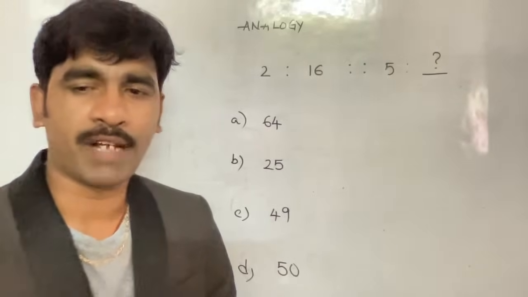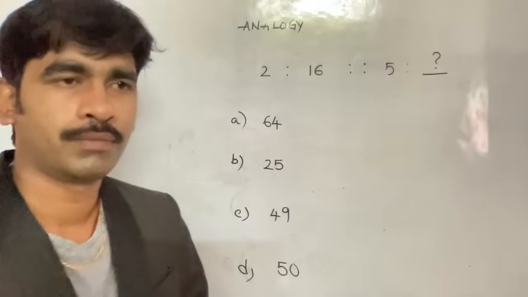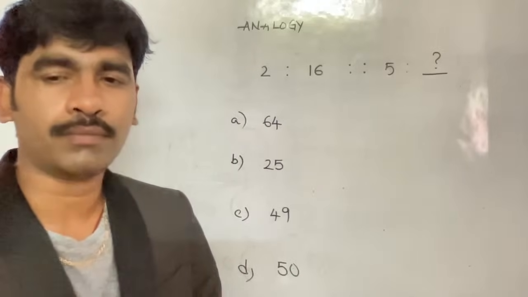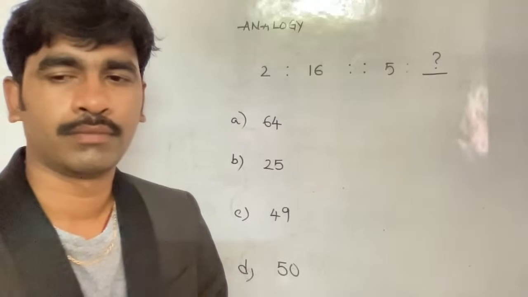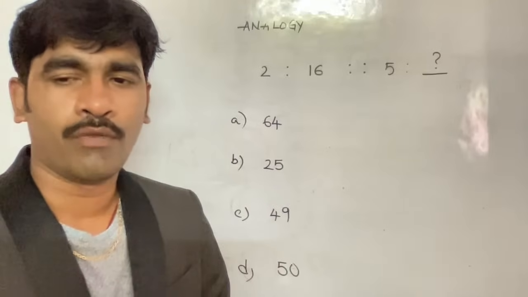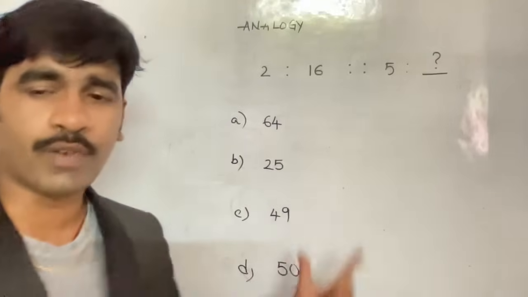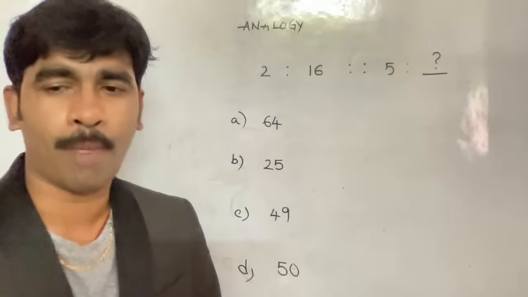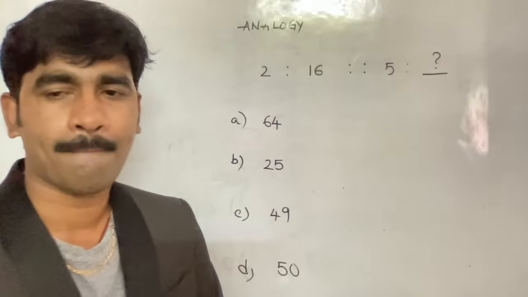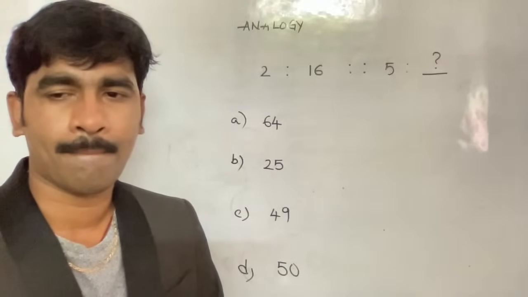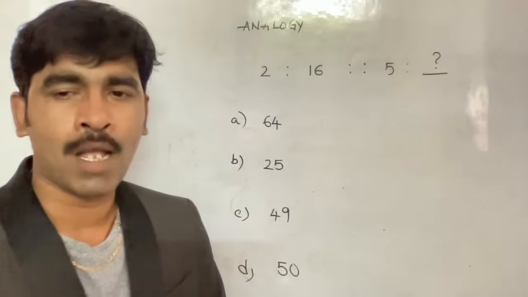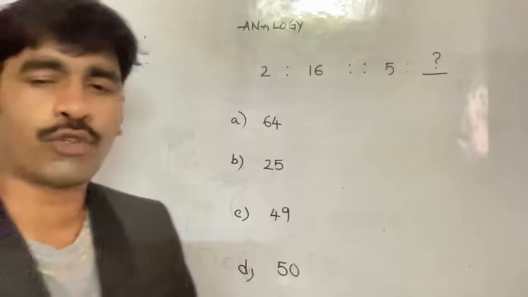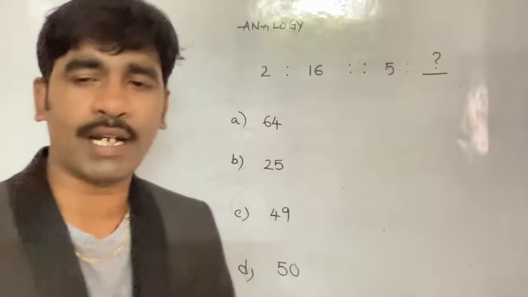Shivani is saying 25. Vyoma Daily is saying 625. 625 is not available in the options. Shruti, very good. Shruti Dara is saying the answer as 49.